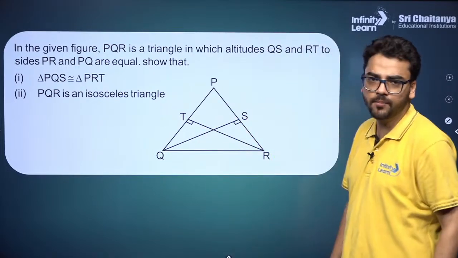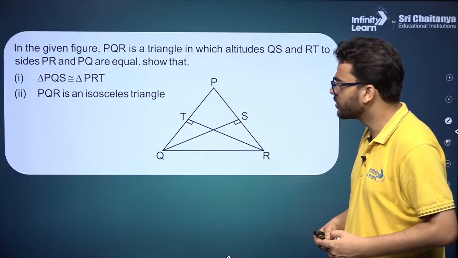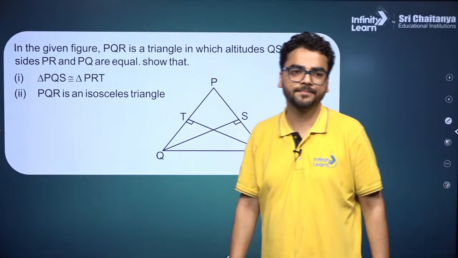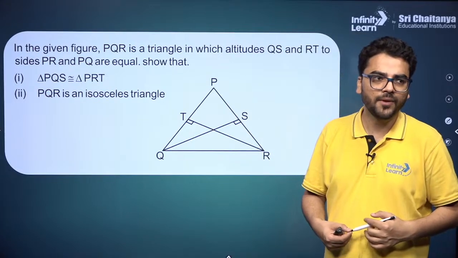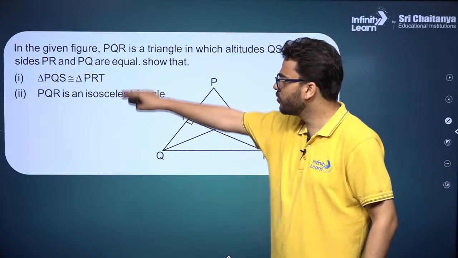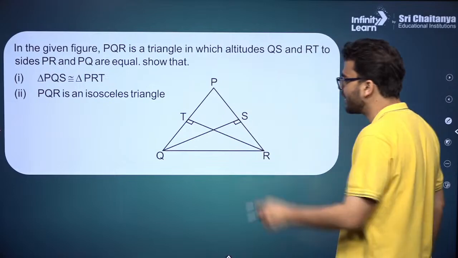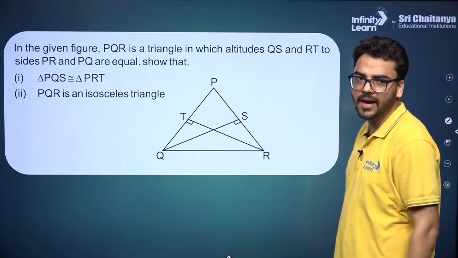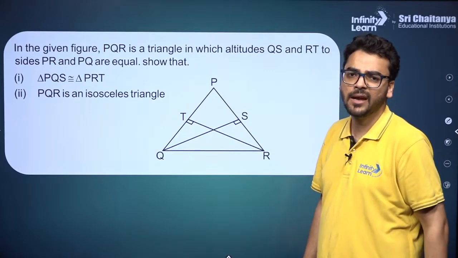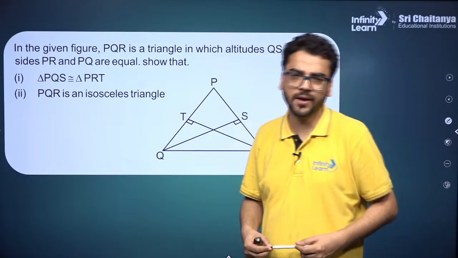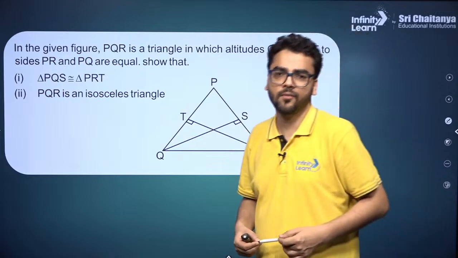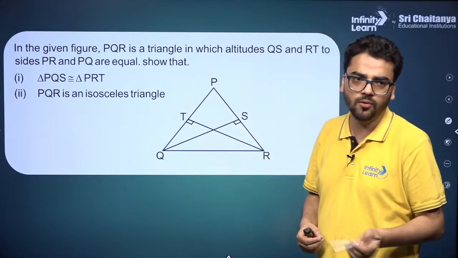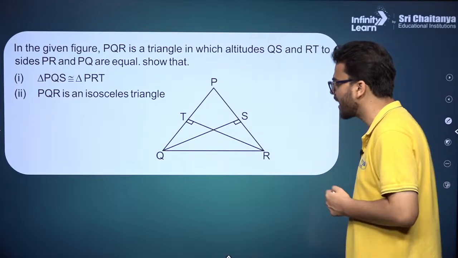How can we prove them to be congruent? By which congruency criterion can we prove PQS congruent to PRT? Again, these are very simple, direct questions, you just have to see which congruency criterion can be used.